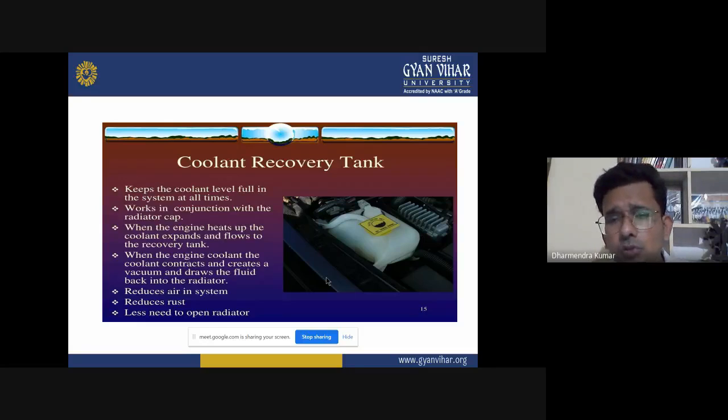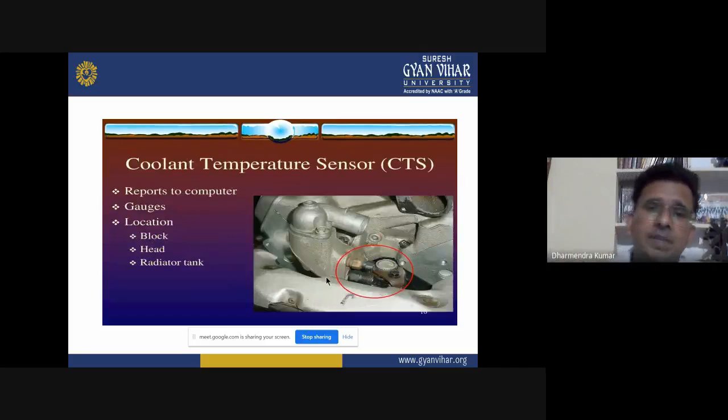If you use coolant or antifreeze solution regularly, then we may have less requirement to open the radiator. The coolant temperature sensor, which we normally know as the CTS, reports to the computer, or to the related component. It may work as a gauge.